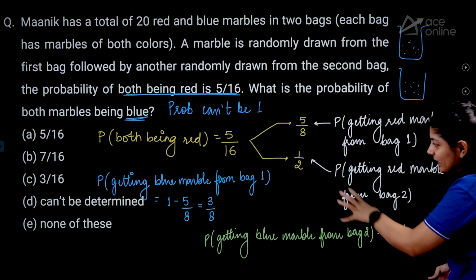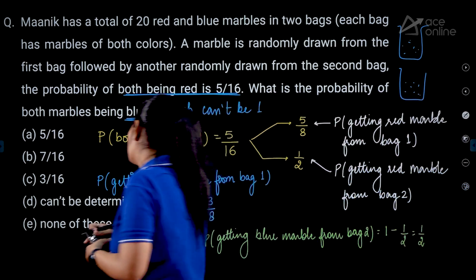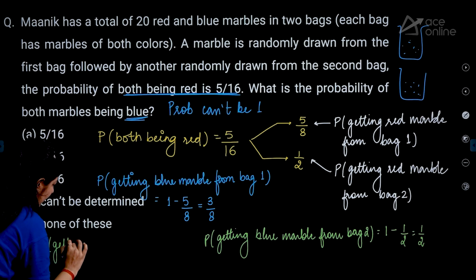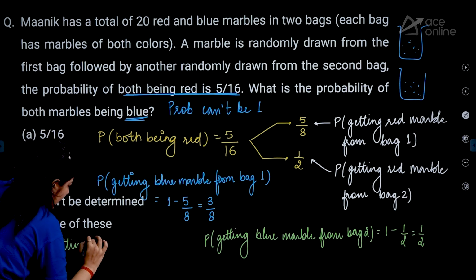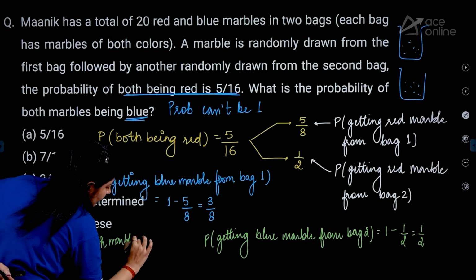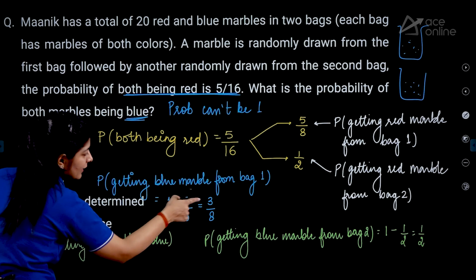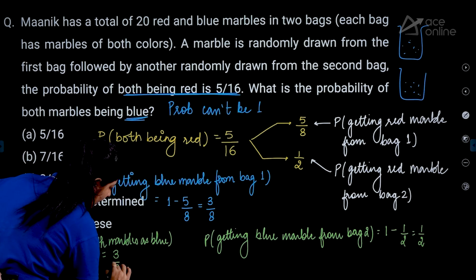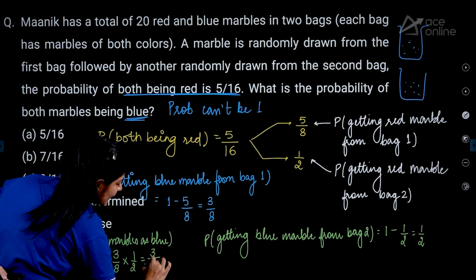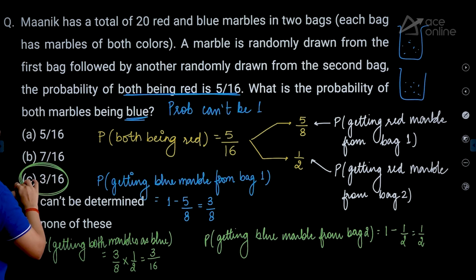As we are getting two different probabilities, we need to find the combined probability. So the probability of getting both marbles as blue is nothing but 3 by 8 multiplied by 1 by 2, and ultimately we are getting 3 by 16 as our answer.